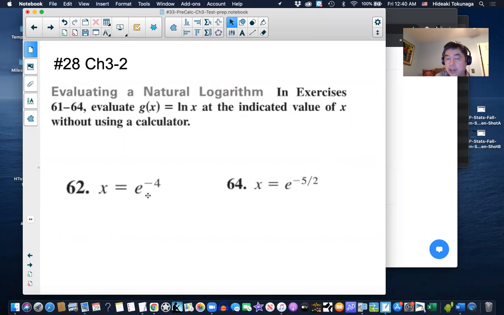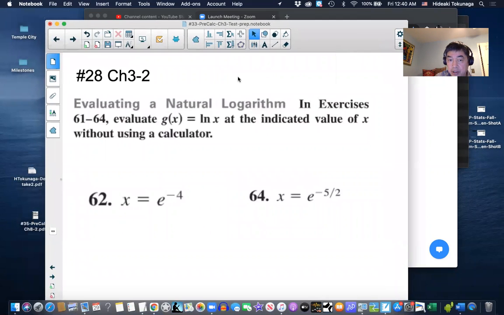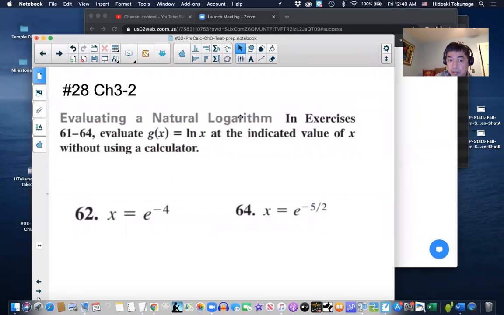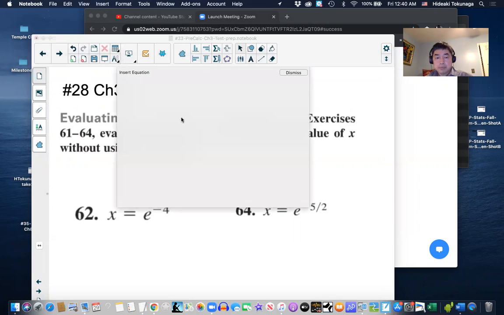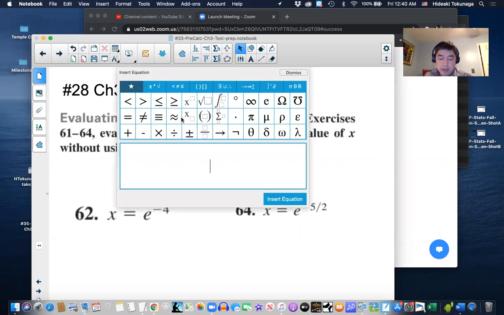So let's write this down in the log function. If you see this, you learned the natural log sign, which is this. We can put the natural log on both sides. So it's going to be natural log of x.